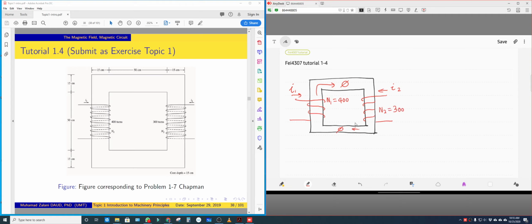And there is also some information given, which is mu r is 1000, sorry, not 1500, mu r is 1000, and it is constant.